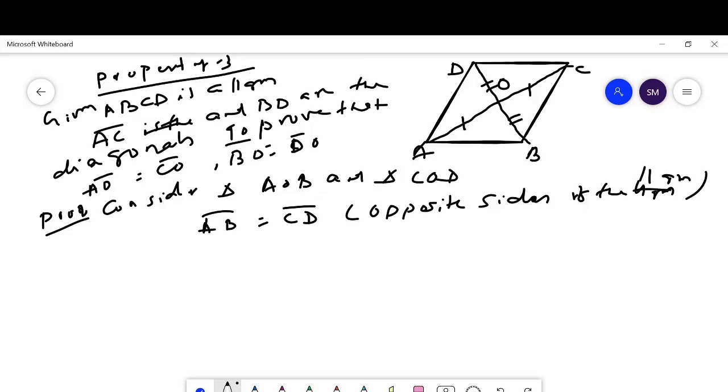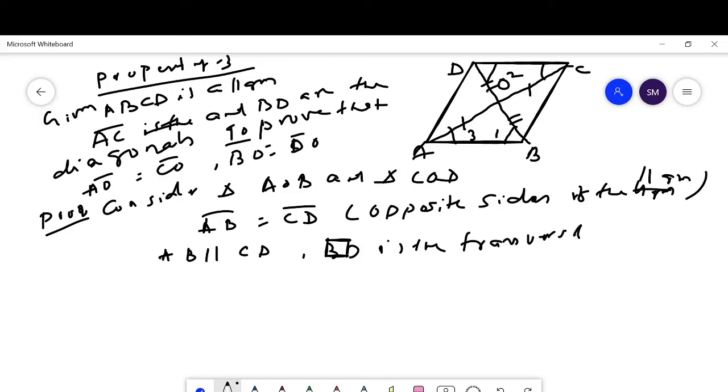Suppose this is angle 1 and this is angle 2. This is angle 3 and this is angle 4. And as AB is parallel to CD and BD is the transversal, then angle 1 is equal to angle 2 since they are alternate pair.